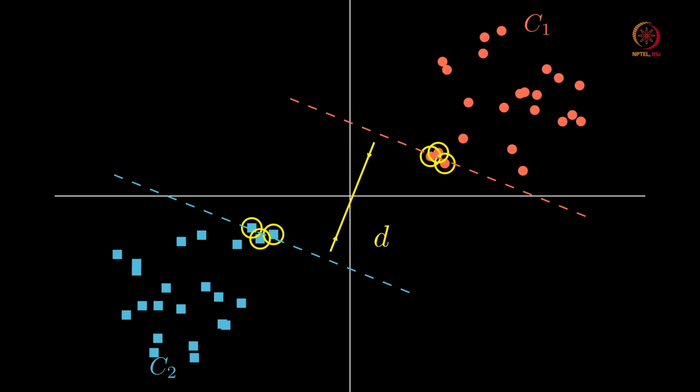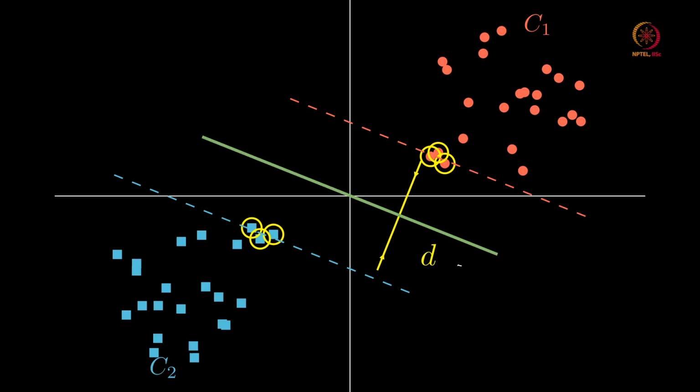The maximum distance between the closest two points belonging to class 1 and class 2. The support vector is one which goes like this, whose distance is, let us say, d by 2 on both sides. This is the idea of support vector.